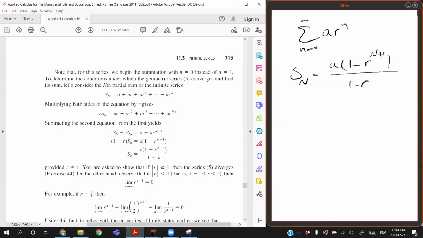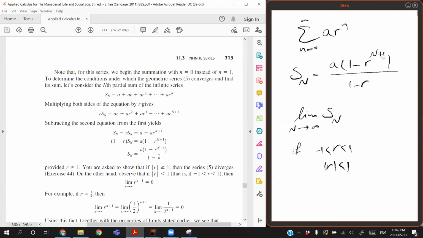Okay, now there is only one way that this limit will exist, the limit of Sn as n approaches infinity. And this limit will only exist if r is something between -1 and 1. So if r is something between -1 and 1, in other words, if the absolute value of r is less than 1, then this is going to happen.